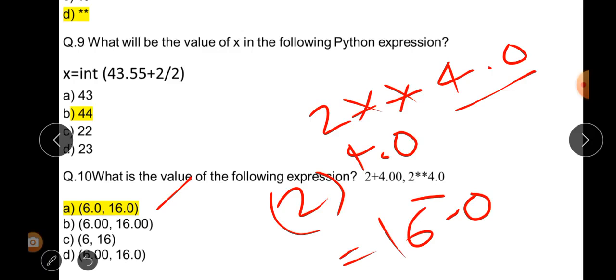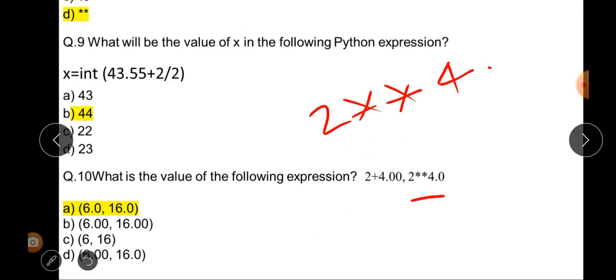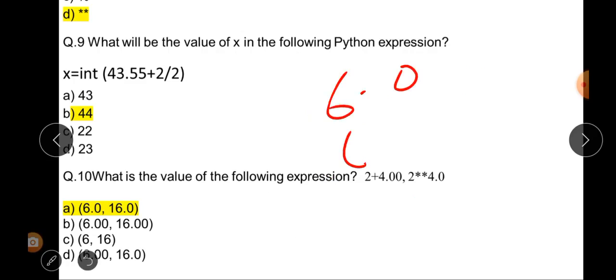But as far as the first part is concerned, there is a doubt, I think, in your mind whether the answer is 6.0 or 6.00. Actually, when we add 2 to a float value, that is 4.0, then the answer should be a float value. I think there is no doubt about this point.